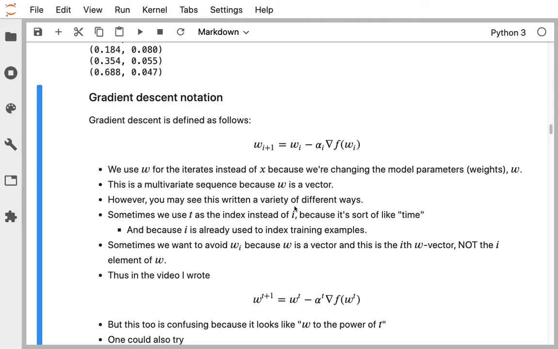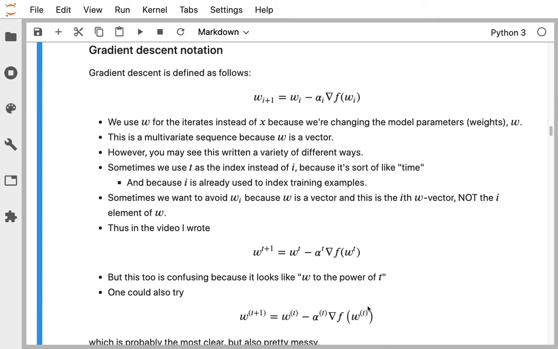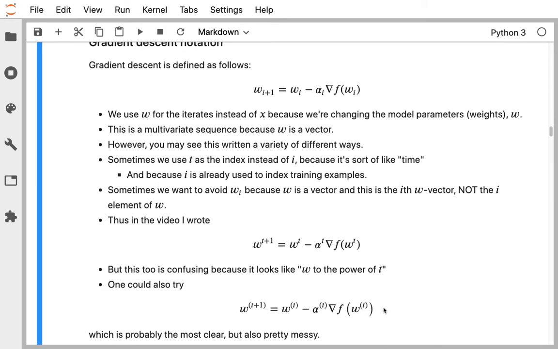And so in the video you watched, I think I used this notation, where I used t instead of i because we're already using i for the training examples, and I used superscript instead of subscript to not confuse it with indexing into the vector, but instead now we could just confuse it with taking it to the power of t. And so yeah, it's hard to find the perfect notation. Here's another one I've seen before, just using the parentheses, which indicates that you're not trying to take it to the power of something. As long as you understand what it means, it's okay.